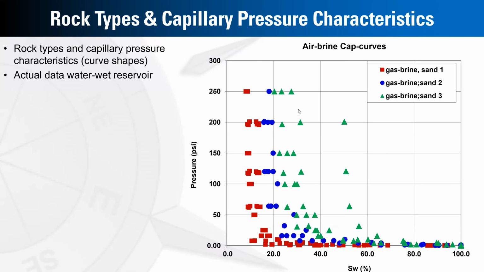You can clearly identify the high quality sand in the red color, and the low quality sand in the green color. We have different samples. So the next step for analyzing capillary pressure data is to get the average capillary pressure curve by fitting the data from different core samples.